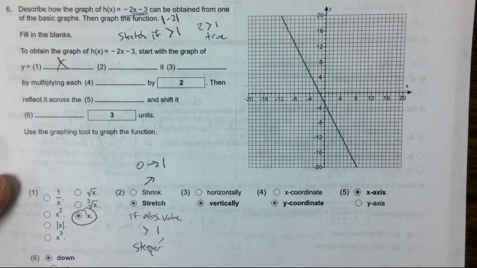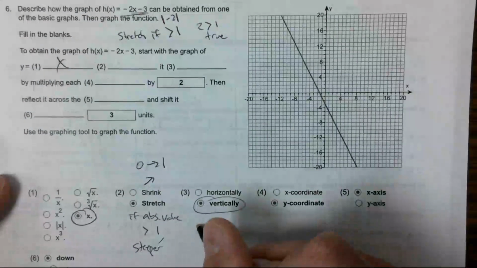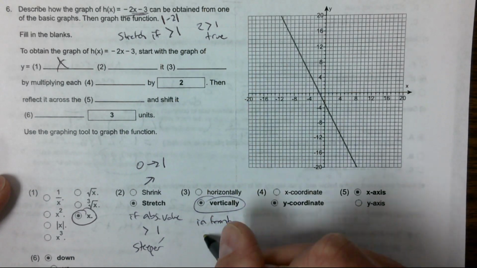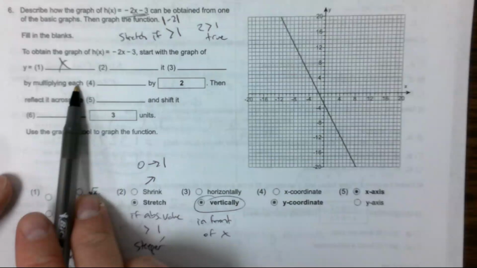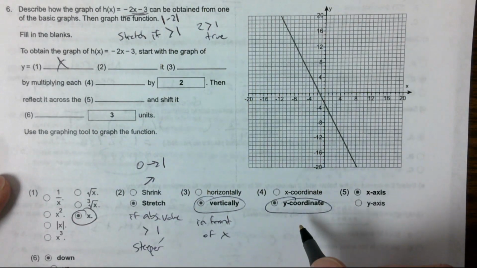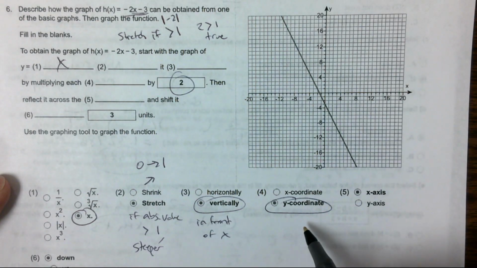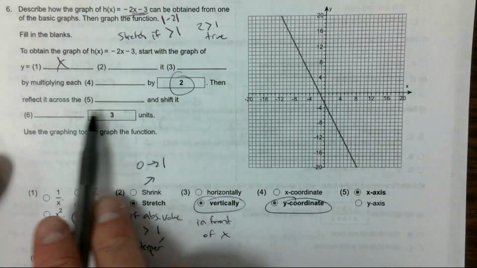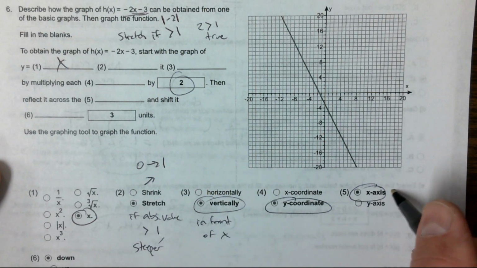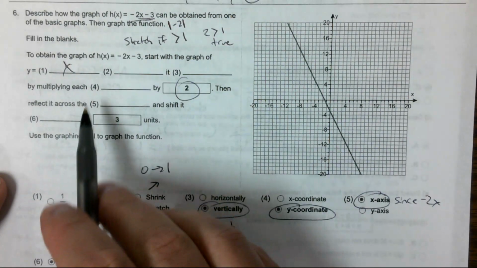The next part is it's going to be vertically because it's in front of x. And then the rest of the sentence by multiplying each y coordinate by 2, because that's basically what we're doing, and reflect it across the x-axis since it's negative 2x, and then shifting it down 3 because it's a minus 3.